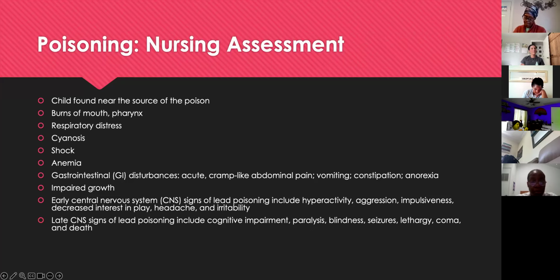In the event that we have lead poisoning, we have early and late central nervous system signs. So the early signs of lead poisoning are going to be hyperactivity, aggression, impulsiveness, decreased interest in play, headache, irritability. Those late signs are going to be those severe central nervous system signs. So cognitive impairment, paralysis, blindness, seizures, coma, and death.